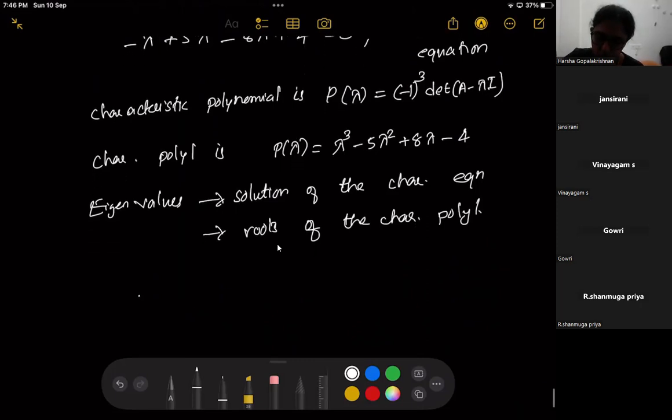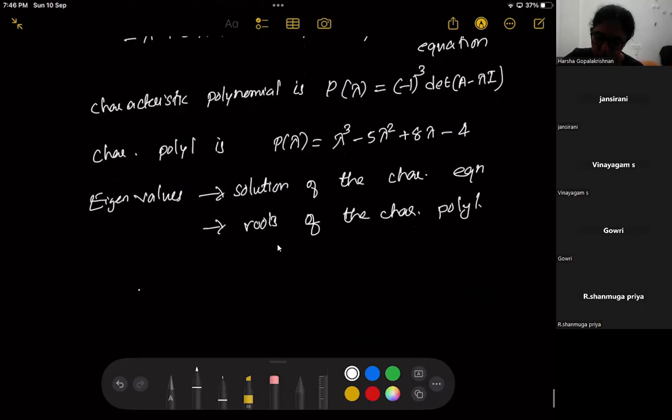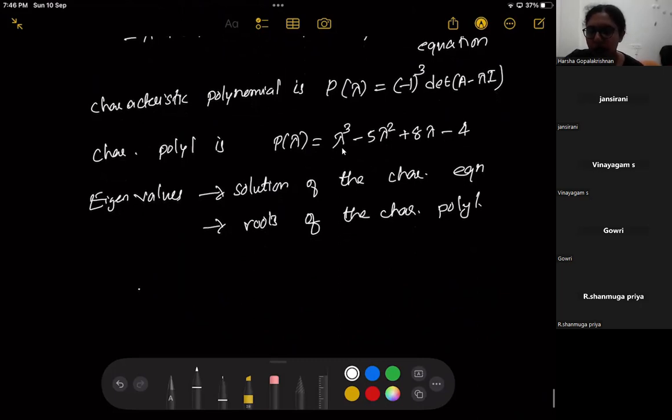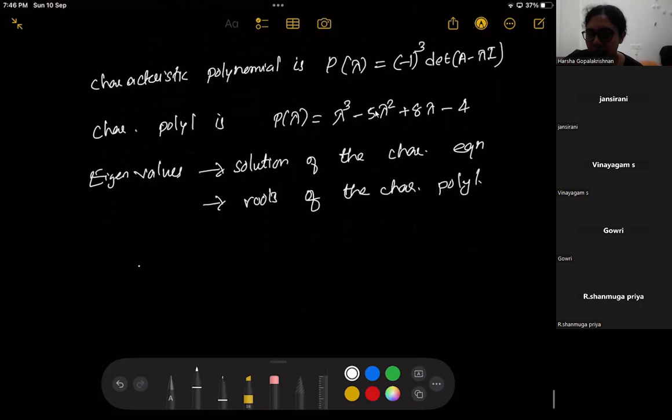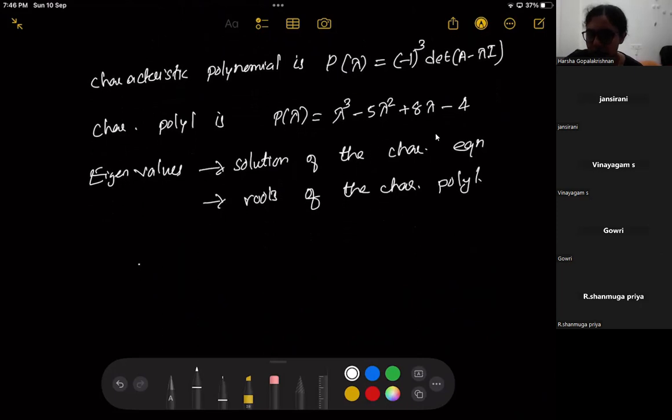Can anyone say what the eigenvalues are here? 1, 2, correct. Just by examining 1, we can say 1 minus 5 plus 8 minus 4 is 0, so 1 is a root. By usual division, lambda cube minus 5 lambda square plus 8 lambda minus 4 divided by lambda minus 1, you will get a second degree polynomial, from which you can extract the roots.